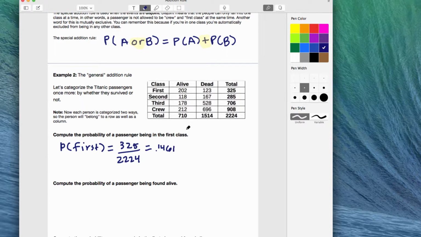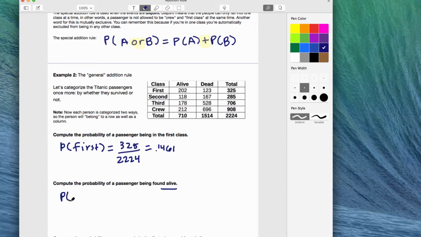So the second part, we're going to find the probability that a passenger was found alive. So alive is the column, and we're going to ignore what class they were in because all we care about is that they were alive. So we go to the total and we have 710.